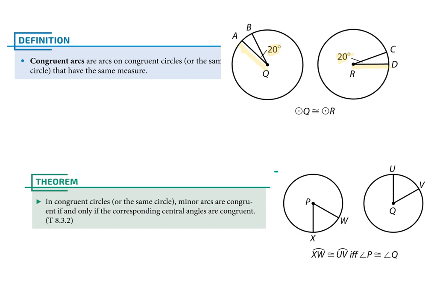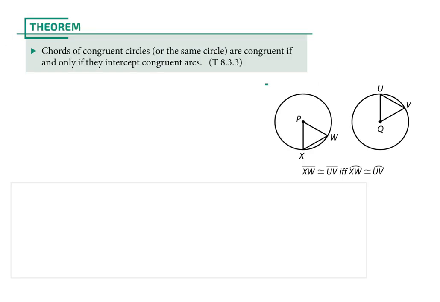In congruent circles, minor arcs are congruent if and only if the corresponding central angles are congruent. So all it's telling you is the only way you can have a congruent arc is if both things add up. This one is made of the same central angle, and your circles are congruent, meaning they have the same radius.